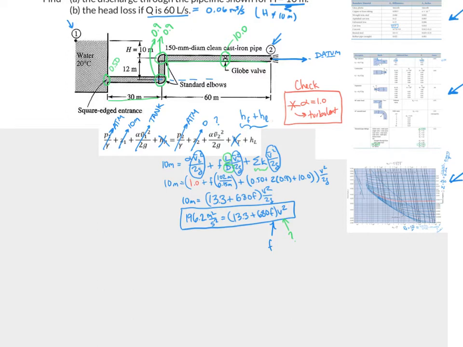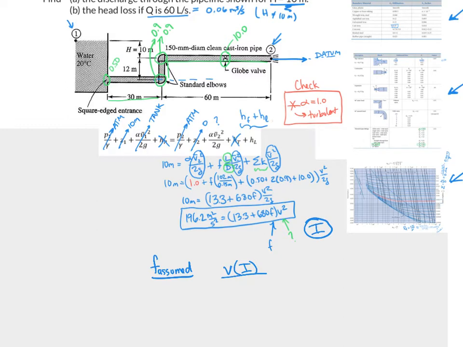Iteration always works in the same way for a type 2. Basically, you're going to have to guess. You're going to have to assume an F, and that is the fundamental thing. Once you have an F, you can use that equation we just put up there to get a V. So we'll call that equation 1. You can call it whatever you want, but it's just to help map what's going on here.